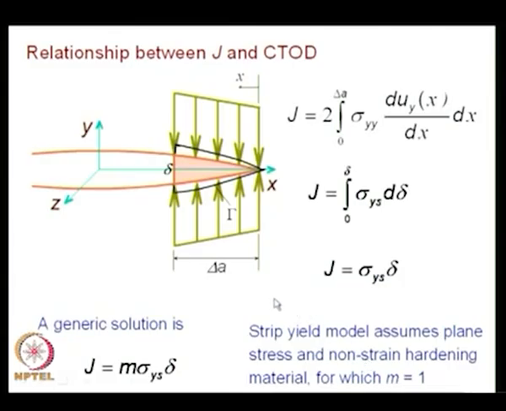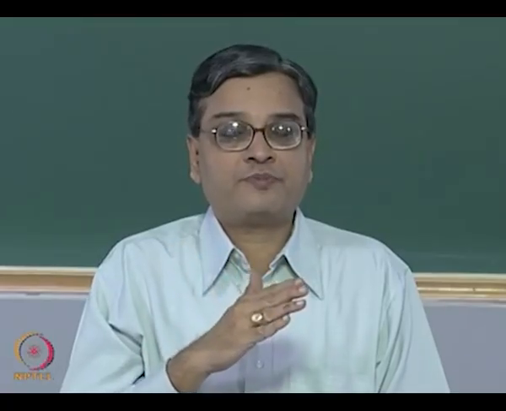See, if you really look at it, Dugdale strip yield model is a very simple methodology, but it finds very good use in elastoplastic fracture analysis. People have developed concept related to CTOD from that. You have an interrelationship between J and CTOD based on this.